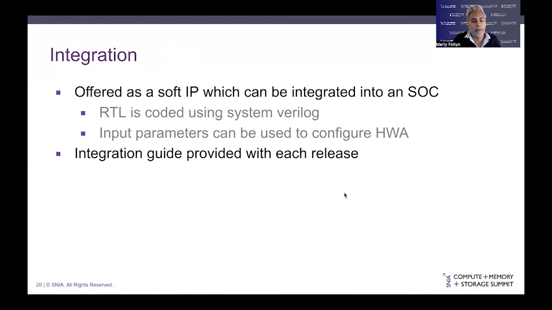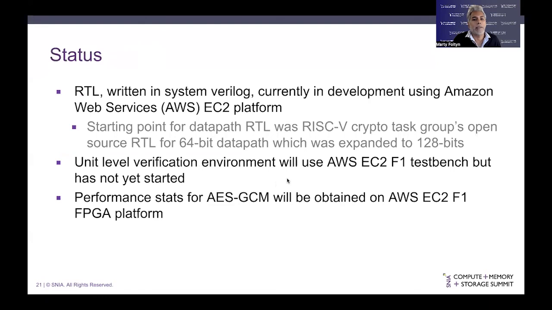The accelerator is offered as a soft IP, which can be integrated using these input parameters, largely coded using SystemVerilog. The current status is we're using the AWS EC2 platform to develop the RTL.